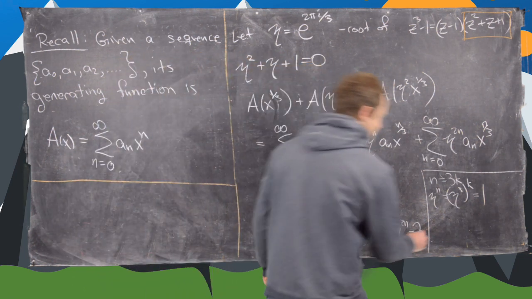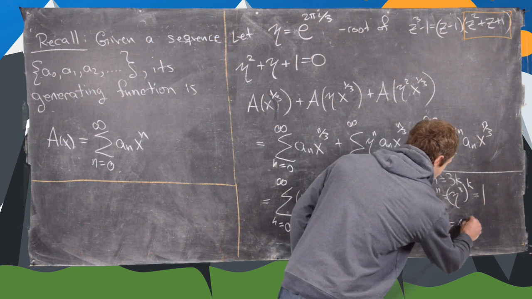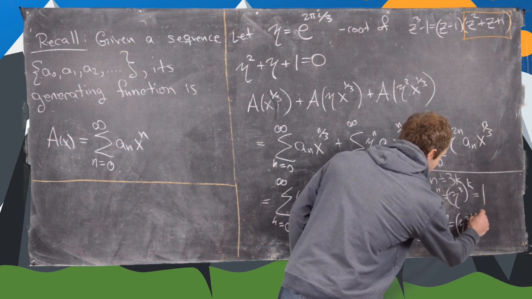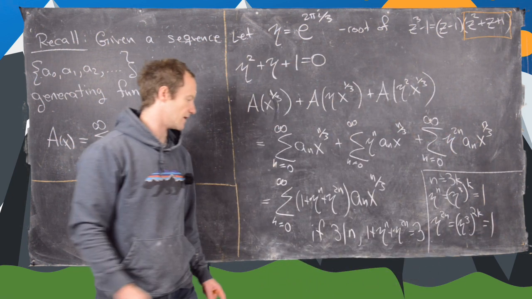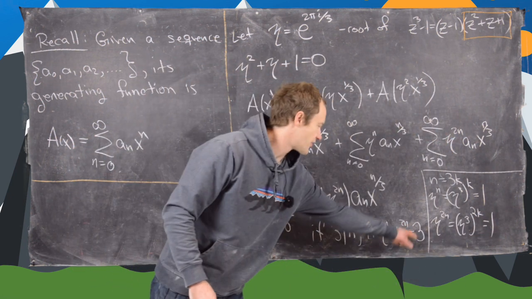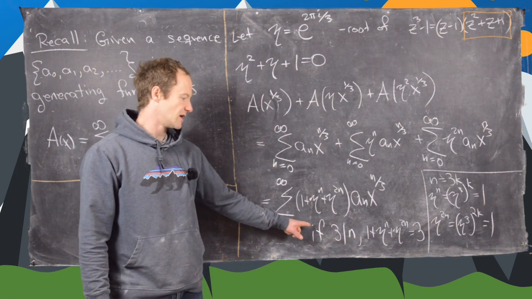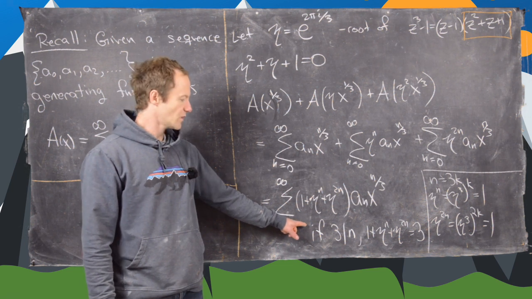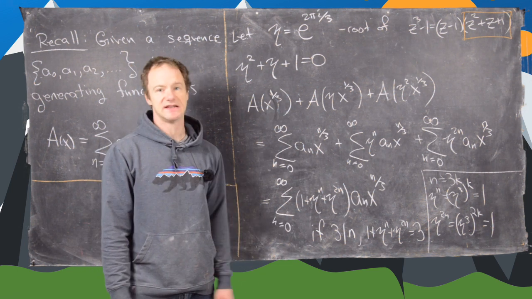And likewise, eta to the 2n is really just eta cubed to the 2k, which is also going to be equal to 1. So that means we get a 3 right here.